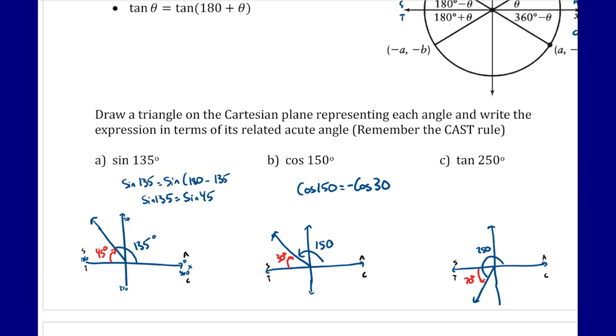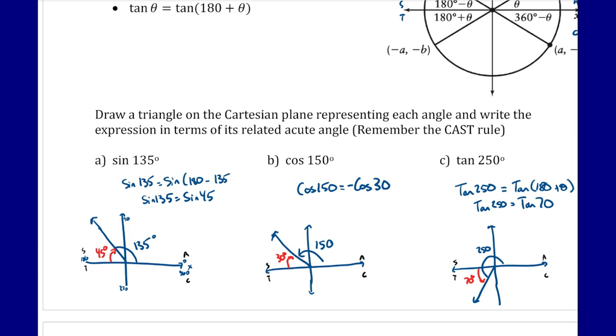And that does make sense because if I have tan of 250, that's the same as saying tan of 180 plus theta. So in order to get 250, I need to do 250 minus 180. That's saying tan of 250 is the same as tan of 70.